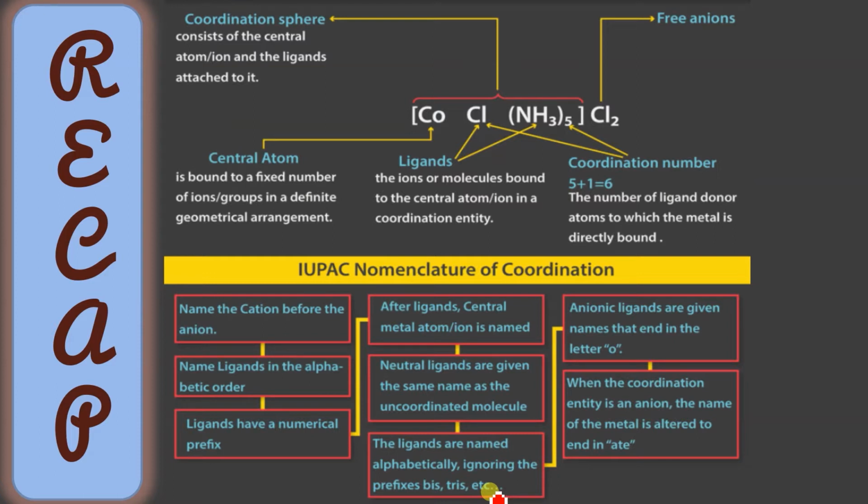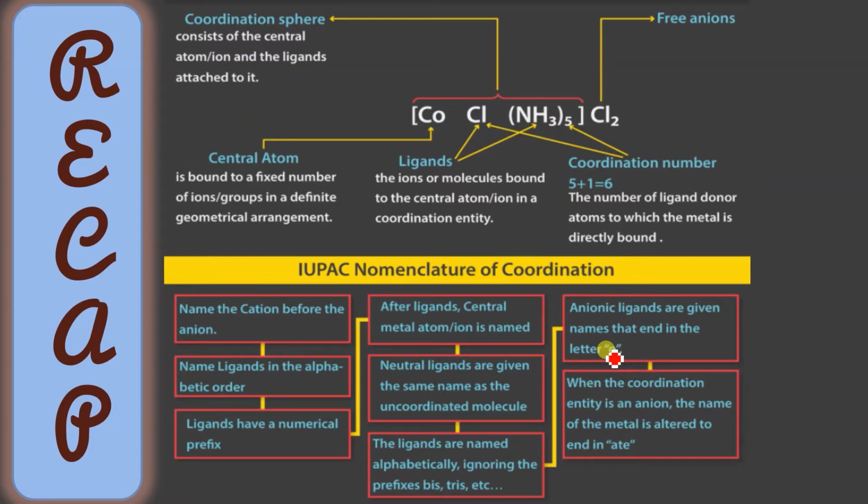Whatever letter the name of the ligand starts with, that we have to keep in mind. Anionic ligands are given names which end with the letter o, like oxalato, glycinato, carbonato, sulfato.